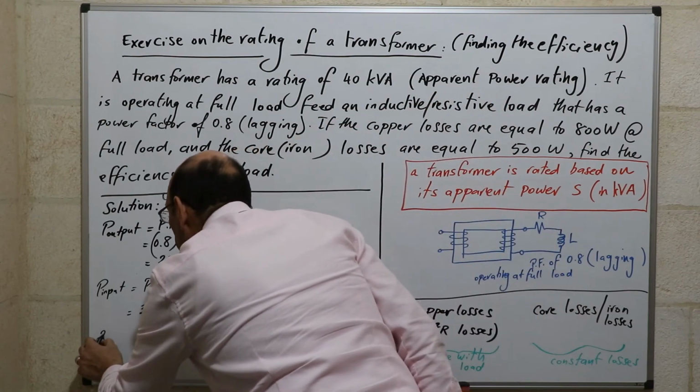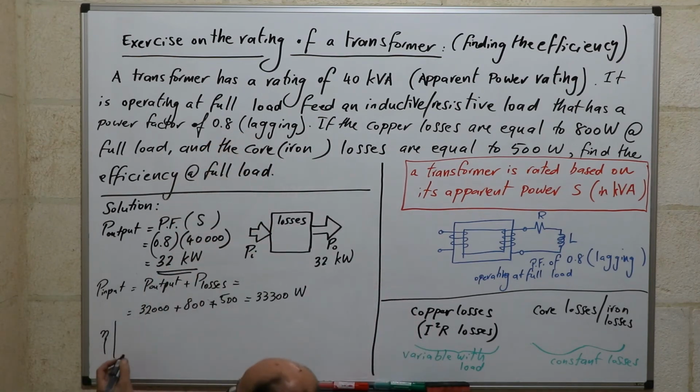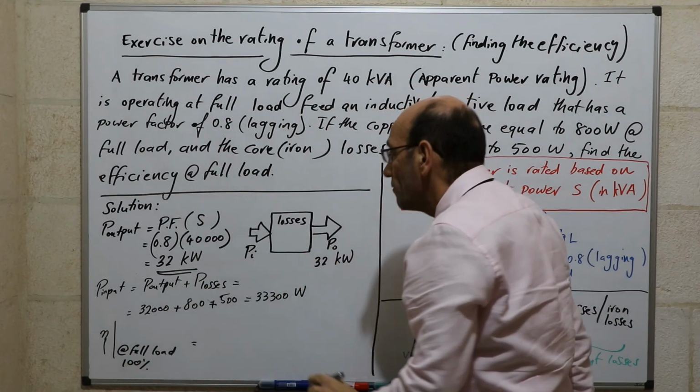And so the efficiency, and we must make sure we clearly state that the efficiency is at full load or 100% load, because the efficiency will vary as the load varies.